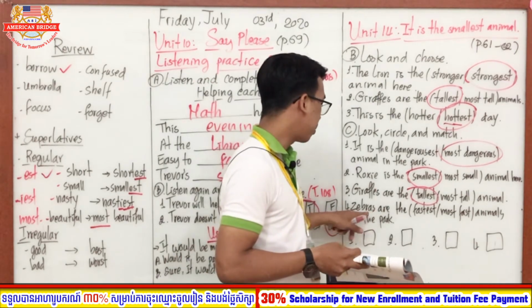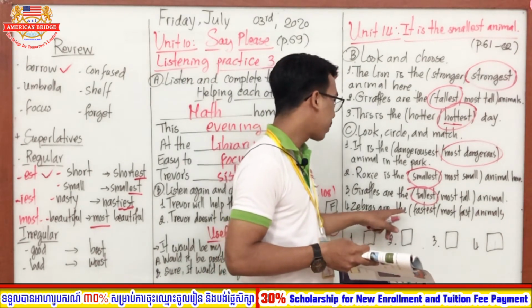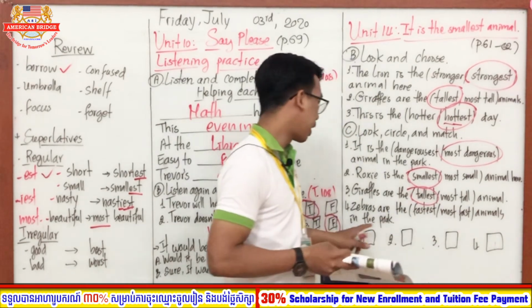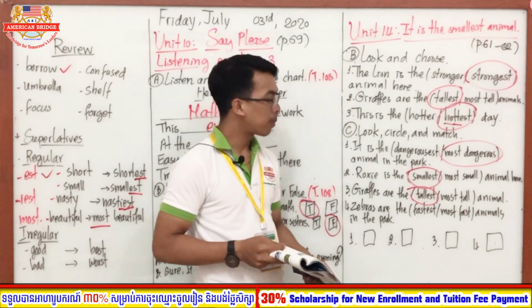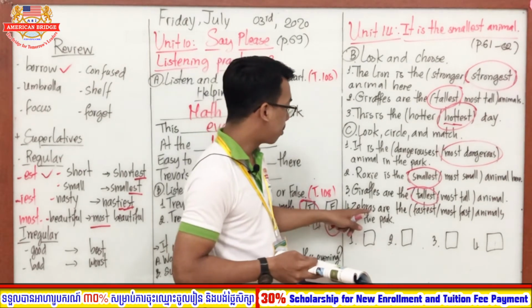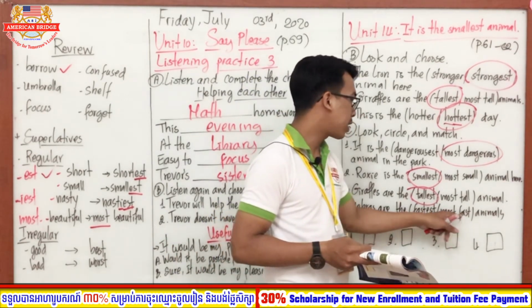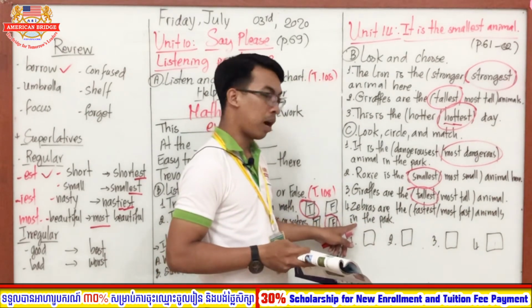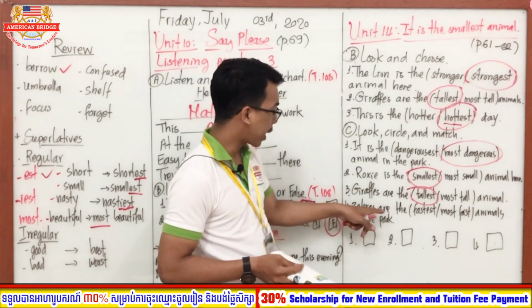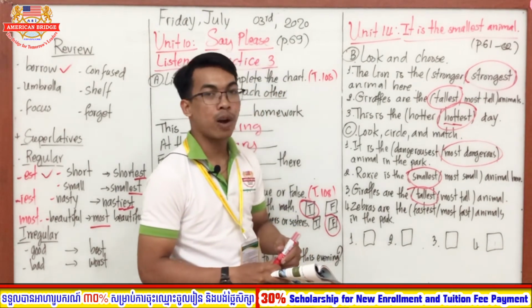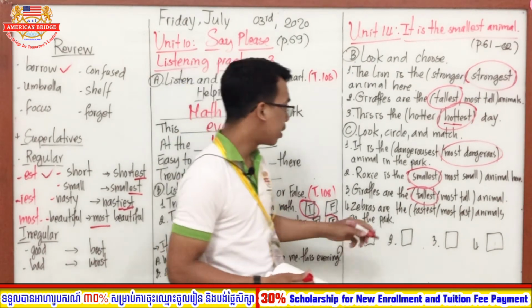Zebras are the fastest, most fast animals in the park. Again, zebras are the fastest, most fast animals in the park. So which one is the correct answer, everyone? Fastest or most fast? Very good.